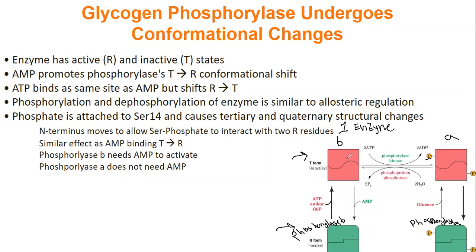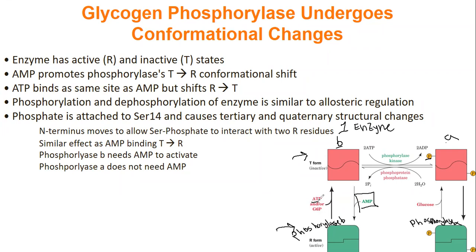So to go from the T to the R state for the beta enzyme, AMP will do that. Remember, AMP is the signal we're low energy. So for low energy, turn on this enzyme to break down glycogen.